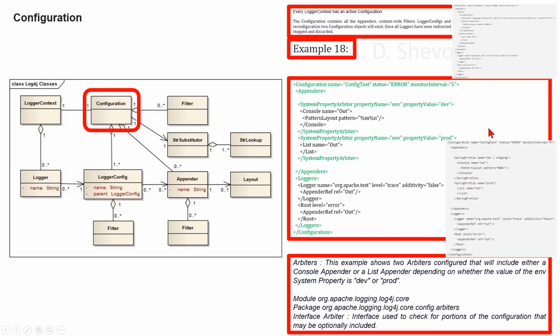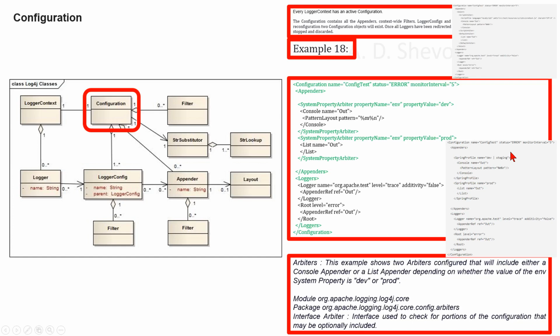For Spring Boot, an arbiter named SpringProfile has been provided. The specified profiles are evaluated by Spring's Environment.acceptsProfiles method, so any expressions that it supports may be used as the name attribute.